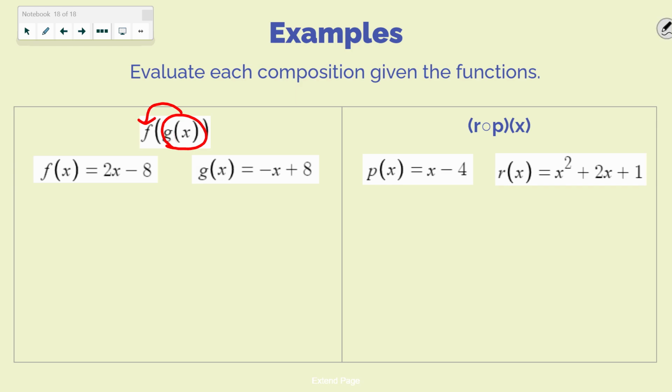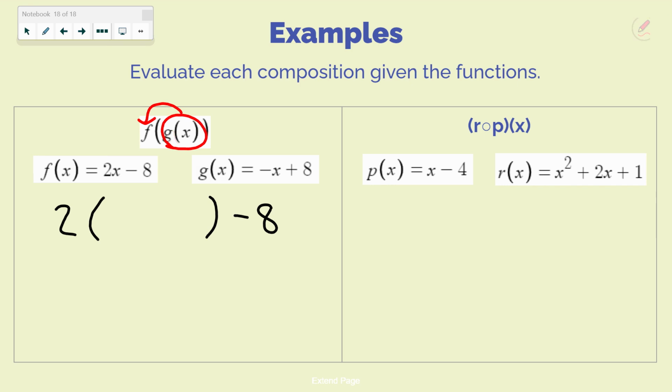So think about what is our f function. It's 2x minus 8. But instead of x, remember x represents your input. So instead of x, I have a new input, and that input is my g of x function.